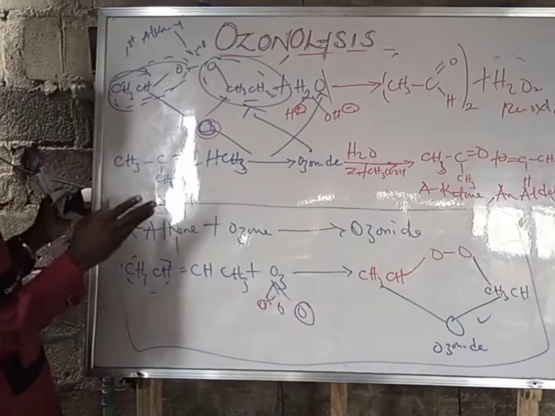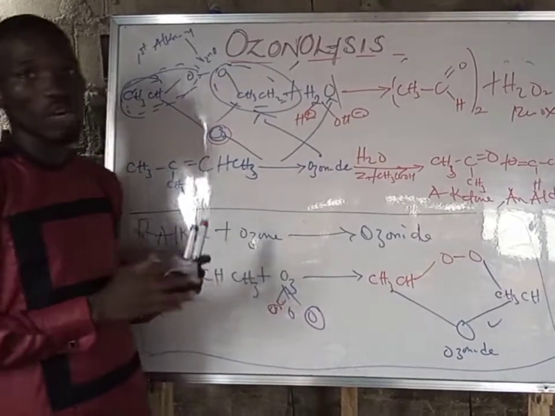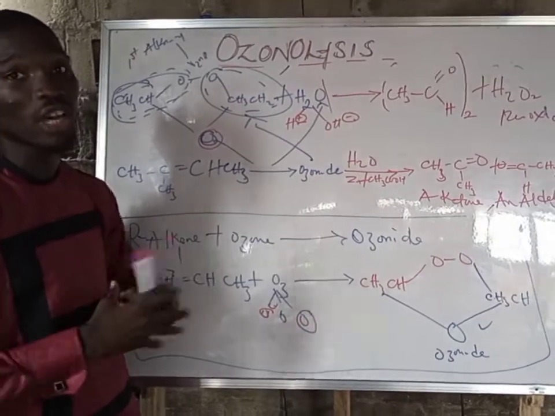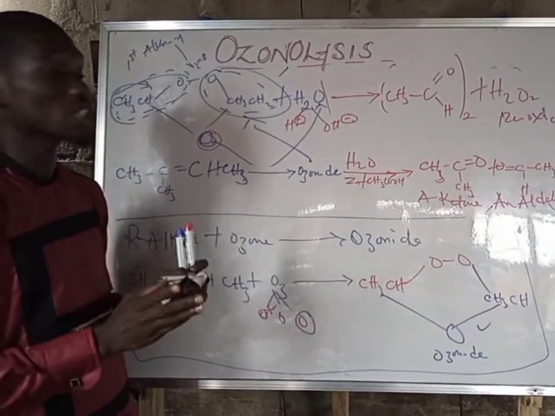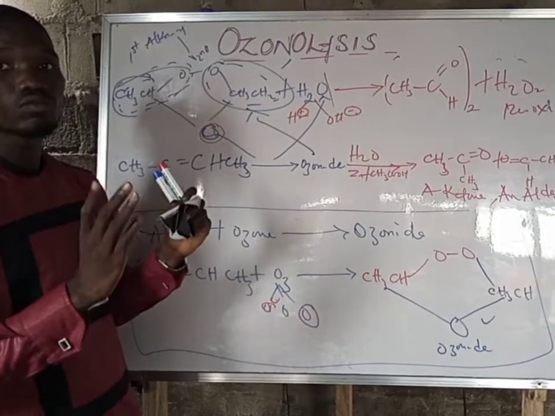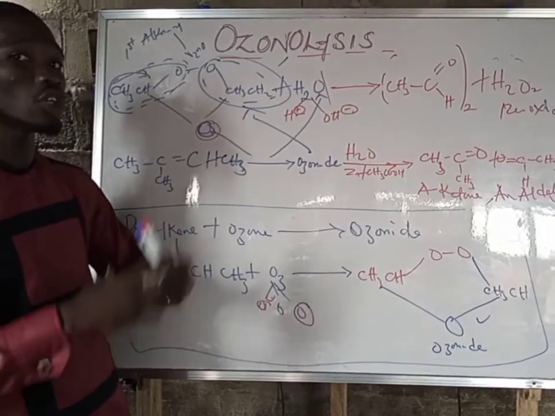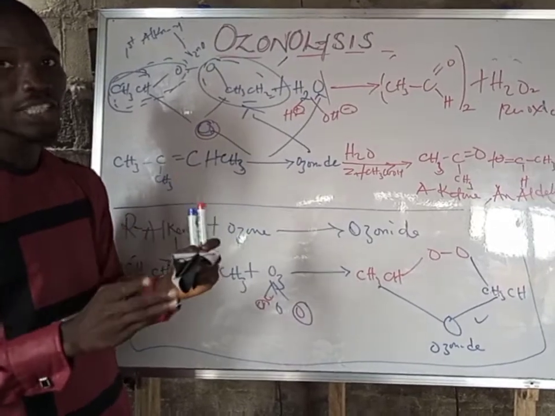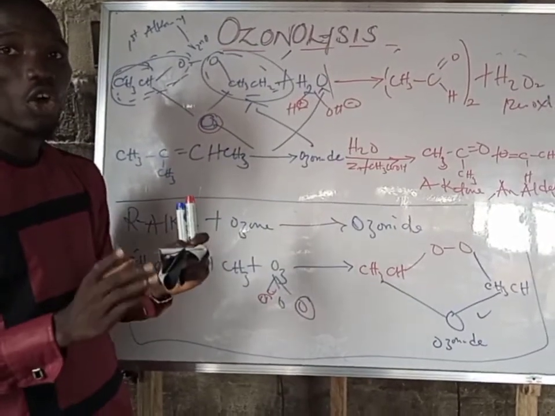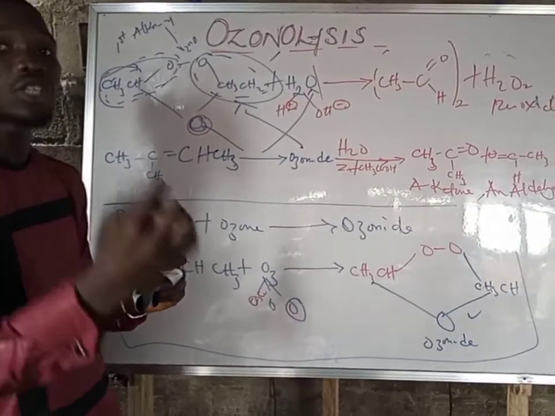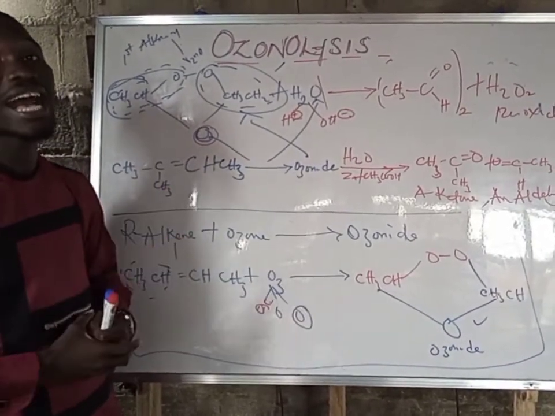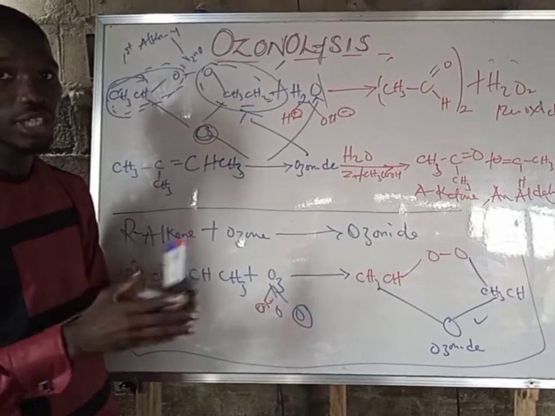So class, with this I've explained in detail what ozonolysis of an alkene is. And don't forget that the oxidation of alkene with ozone forms an initial product which is very reactive and unstable, the ozonide, which decomposes to react with a good reducing agent, which is the zinc and the acetic acid, the ethanoic acid.